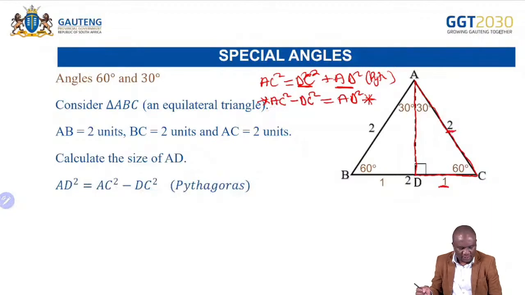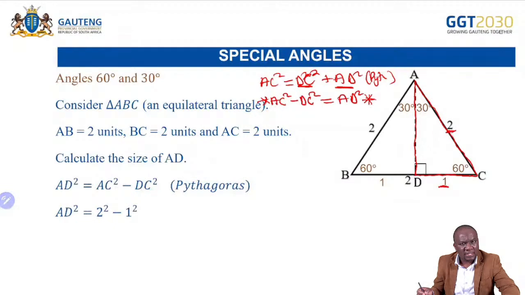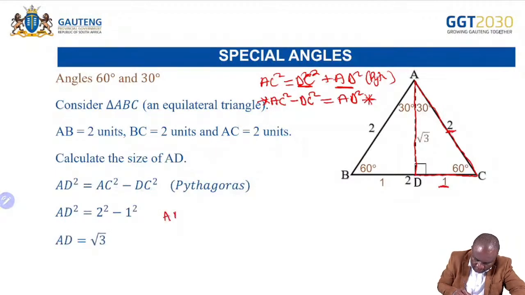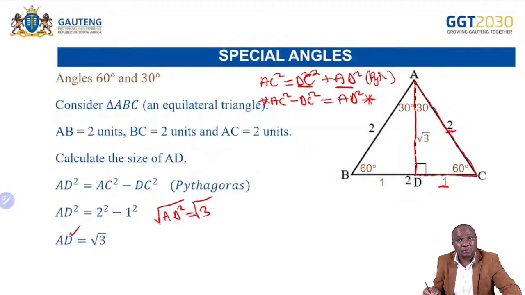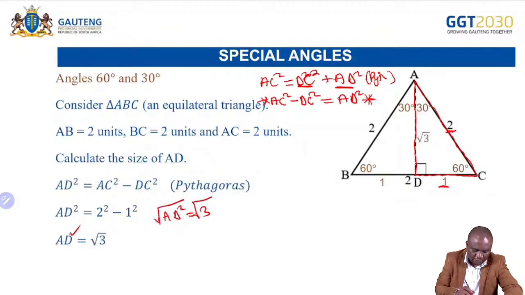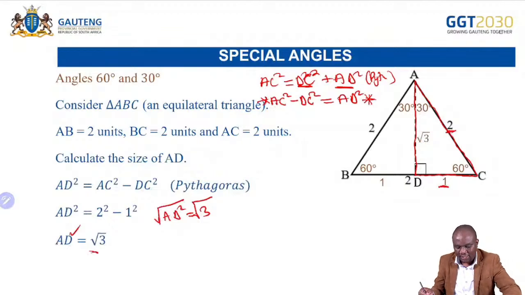So it becomes AD squared is equal to 4 minus 1, meaning that AD squared is equal to 3. And then what do we do? We square root. Square root of AD squared, we get AD, then square root of 3, we get square root of 3. So AD is square root of 3.